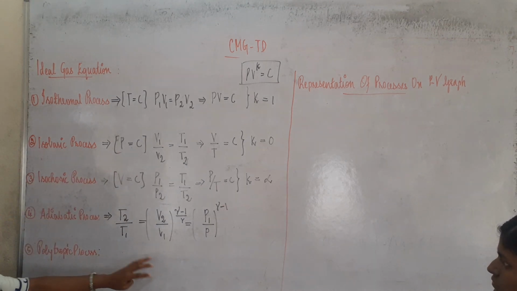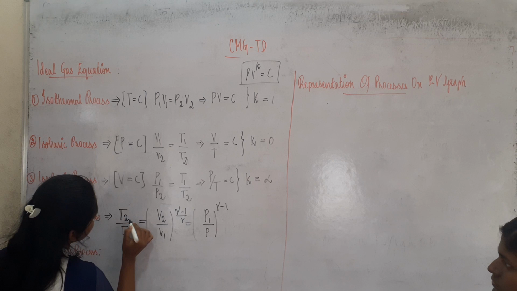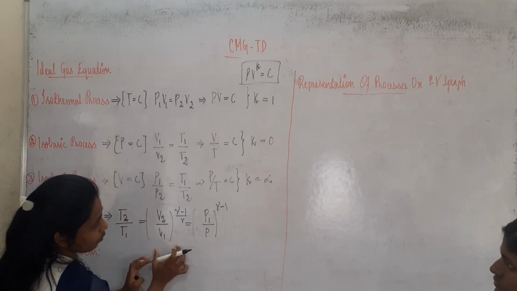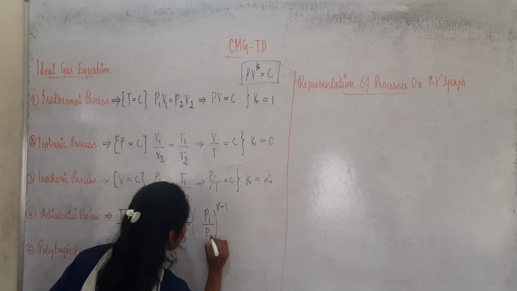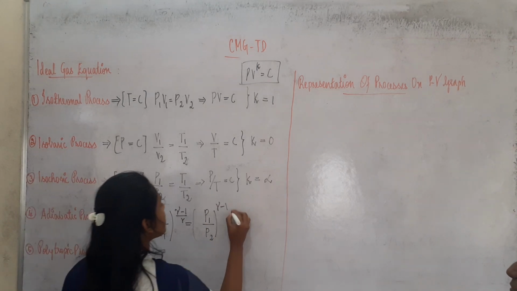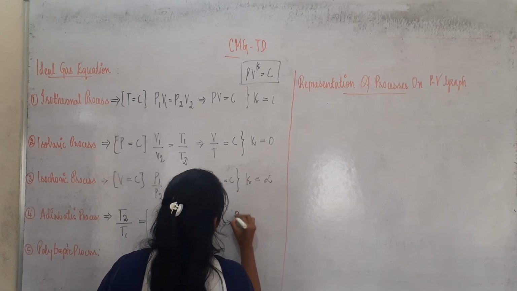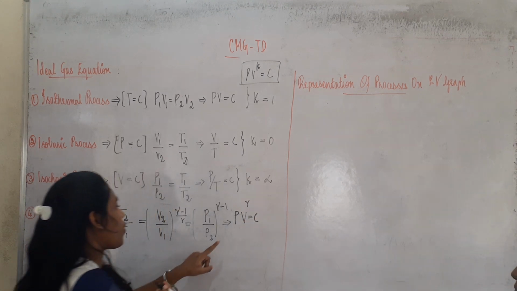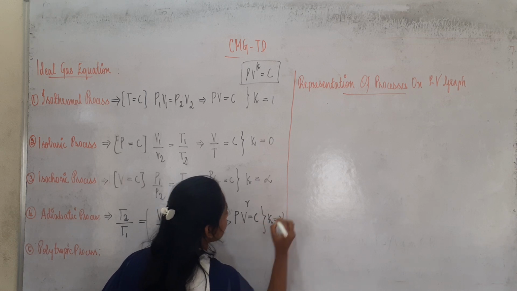So this is a big formula, but still it is easy to remember. The first two will be put with T2 first in the numerator and T1 in the denominator for temperature and volume, and for pressure the numerator will be P1 and the denominator P2. From this, PV^gamma is equal to constant. This is what we infer from here, and the value of K is equal to gamma.